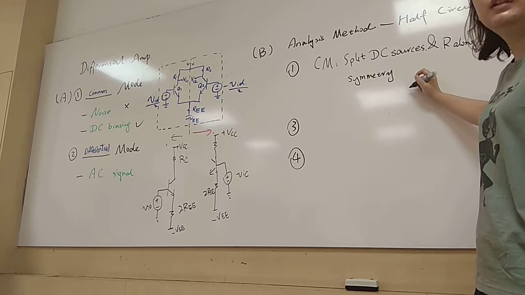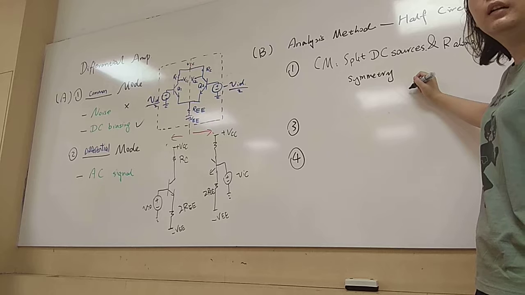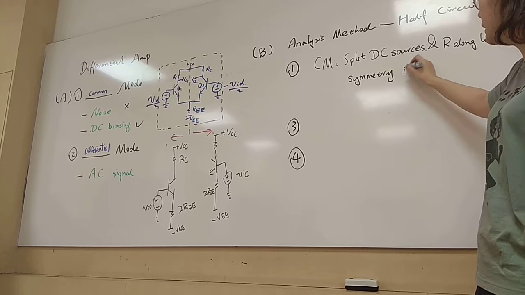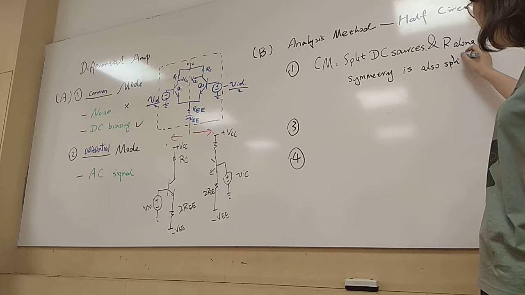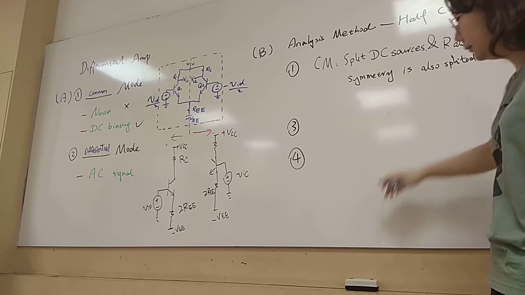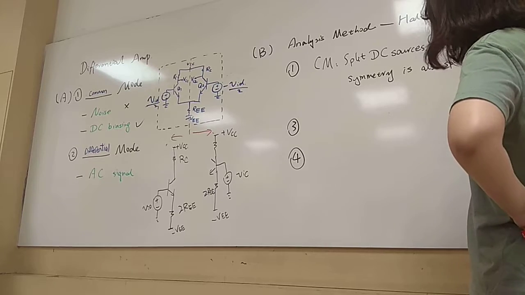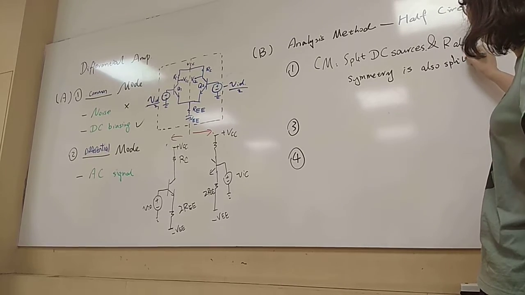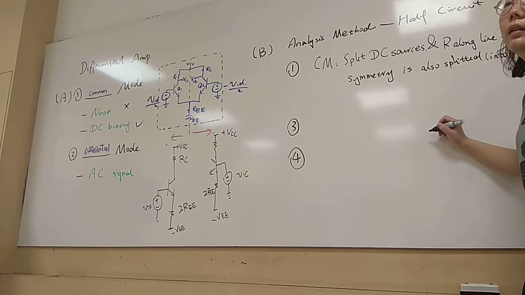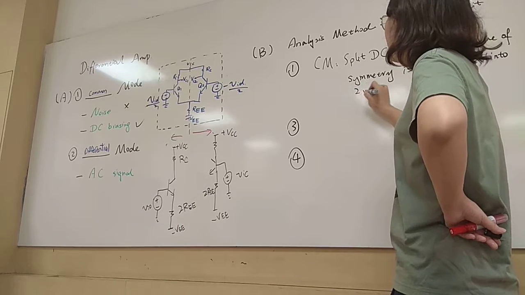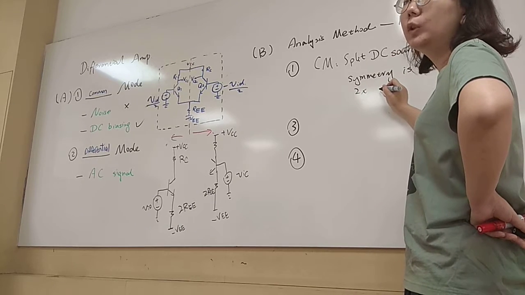The resistor along the line of symmetry is also split into 2 times the original value.